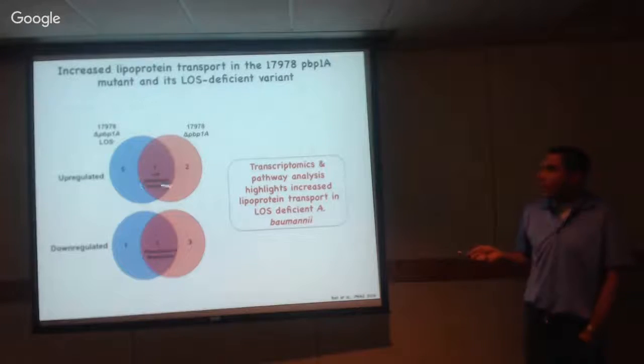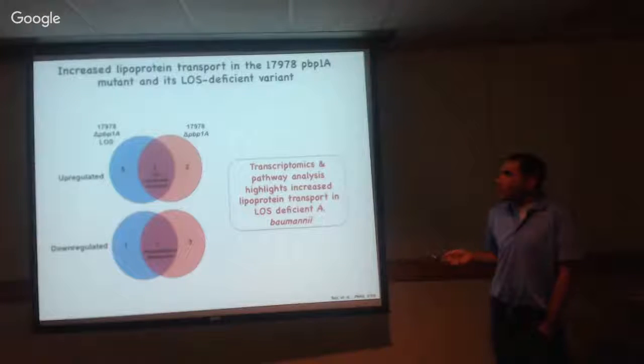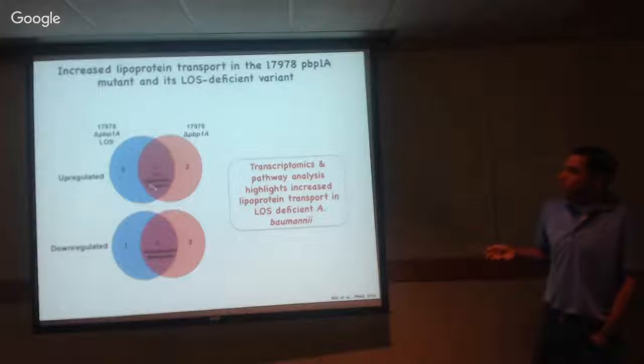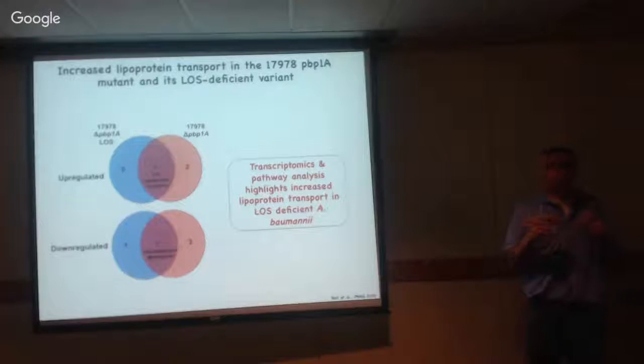And what we found is that Lol lipoprotein transport was highly upregulated in both the PBP1A mutant and the LOS deficient strain, and it was conserved among these two strains. Lol lipoprotein transport: one of the big problems in gram-negative bacteria is that everything in the cell is made at the inner membrane, but it has to have its own set of unique transporters to get it from the inner membrane to the outer membrane.